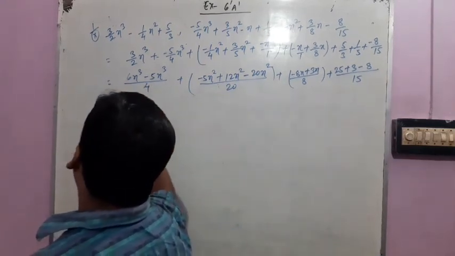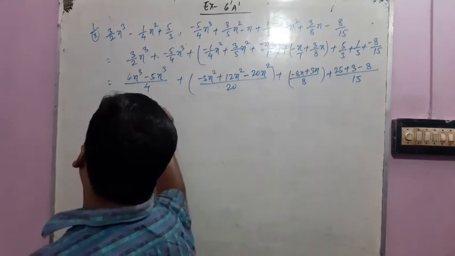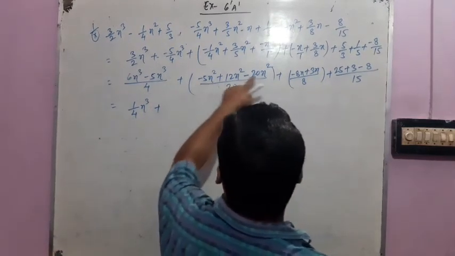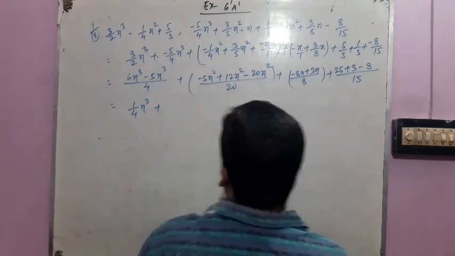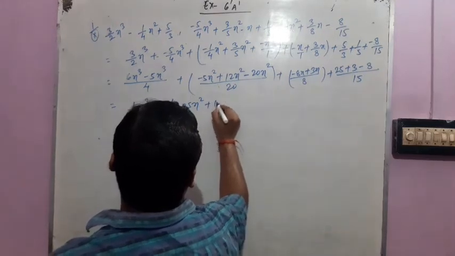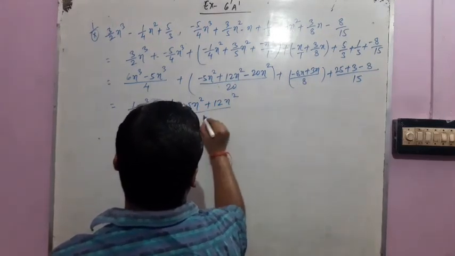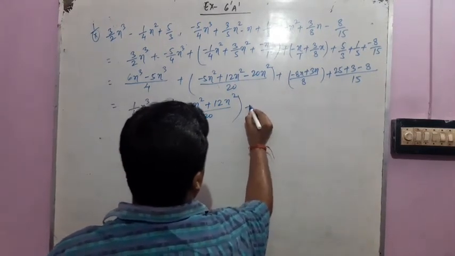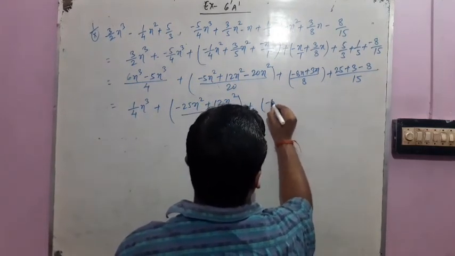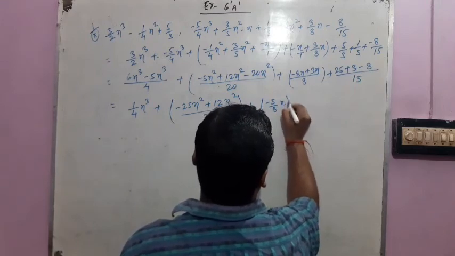Okay, students, continuing here. 6 minus 5 what? 1. 1 by 4x cube. Plus, now add both of the terms because both are negative terms. So we will get here minus 25x square and plus 12x square by 20. Now here 8 minus 3, what? Minus 5 by 8x.